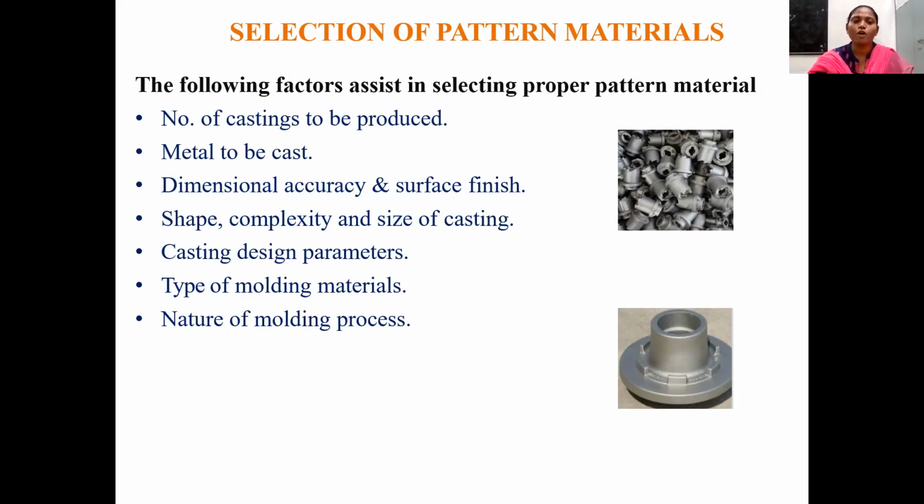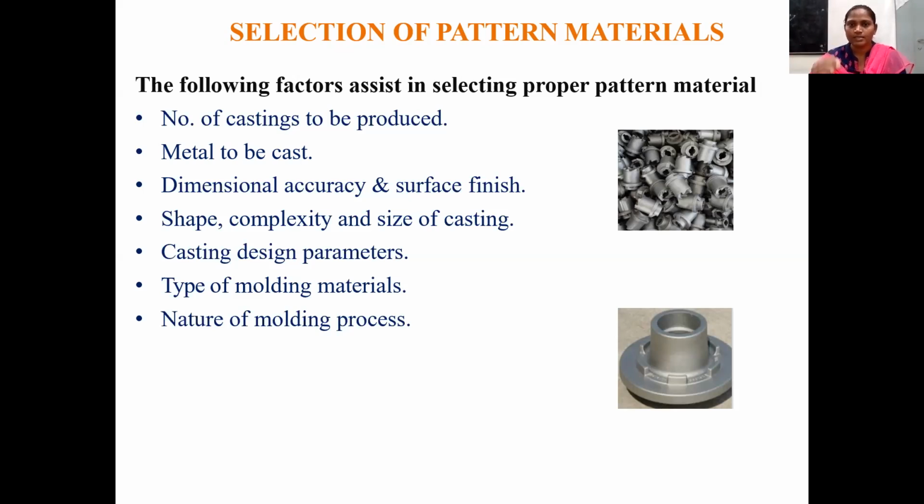Next is nature of molding process. So what is the nature of molding process? The person who is working with the molding in the foundry, we call him a foundry man, and he can choose any of the molding processes. He can choose sand casting process, or any other plaster molding or sodium silicate molding or investment castings. The foundry man can choose any one of these.